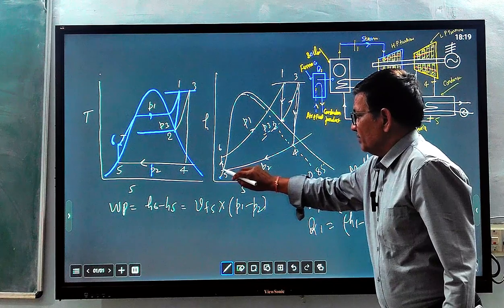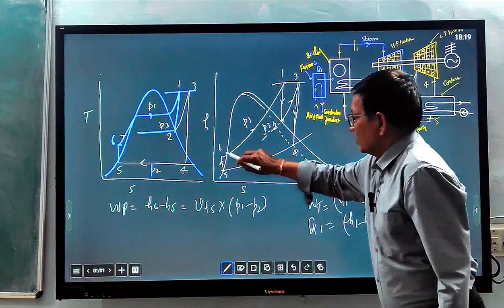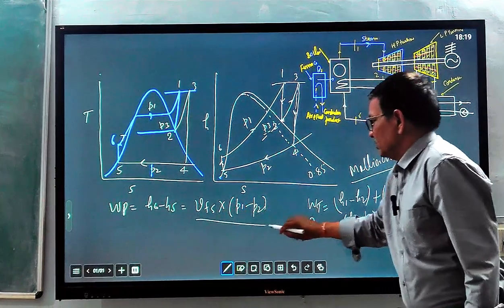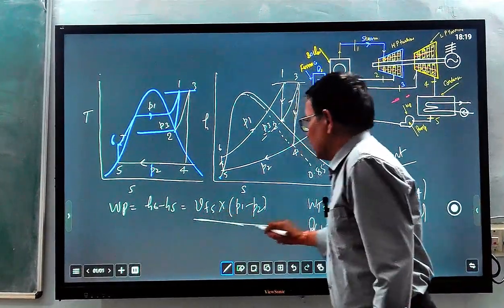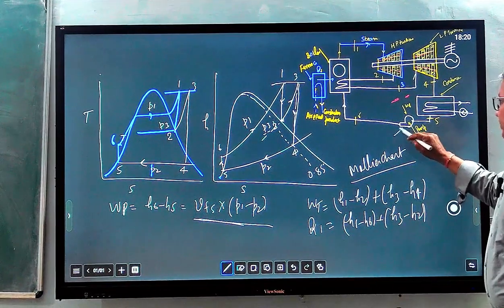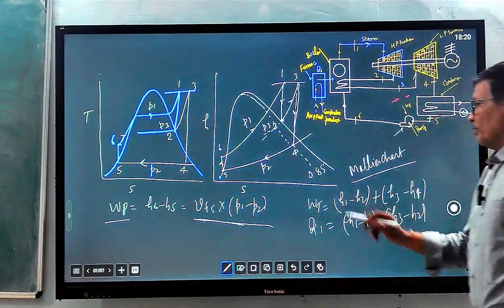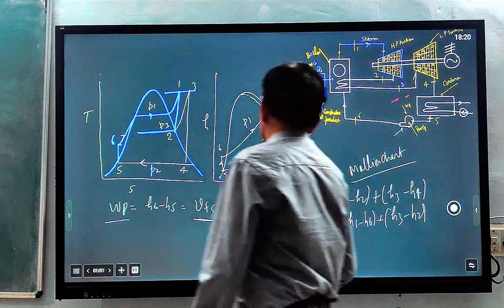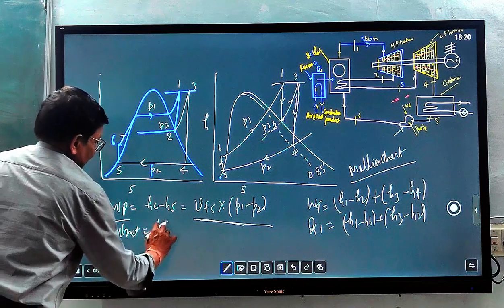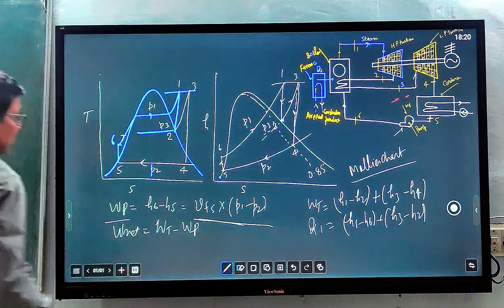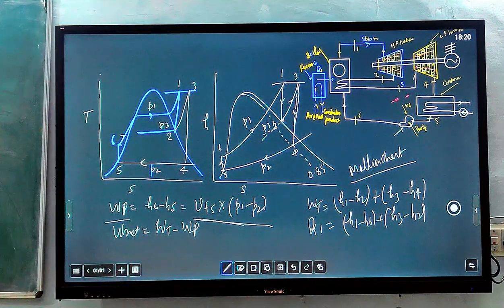So the specific volume of the liquid at this pressure is multiplied by the pressure difference P1 minus P2, because the pump is doing work. This work is done on the pump, so it is a negative work. From here you can find out pump work and you can find out W net. W net equal to WT minus WP.